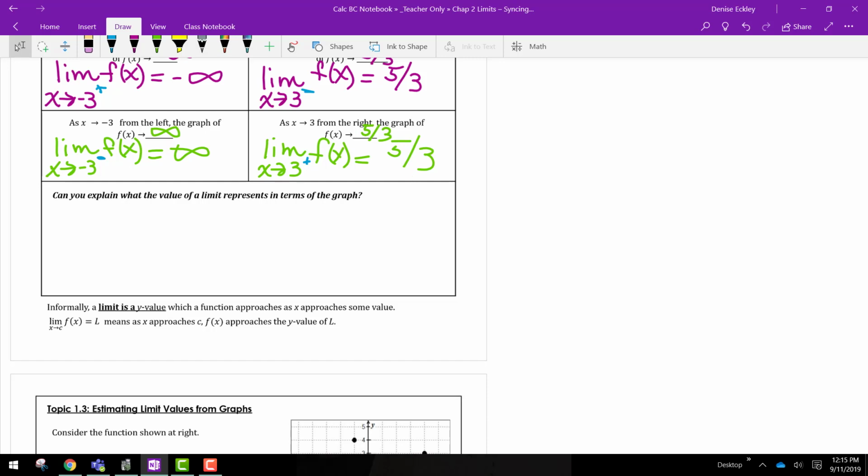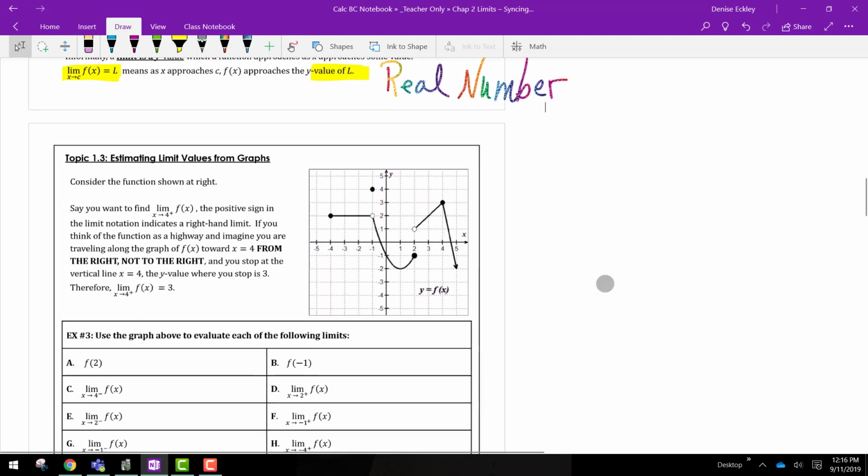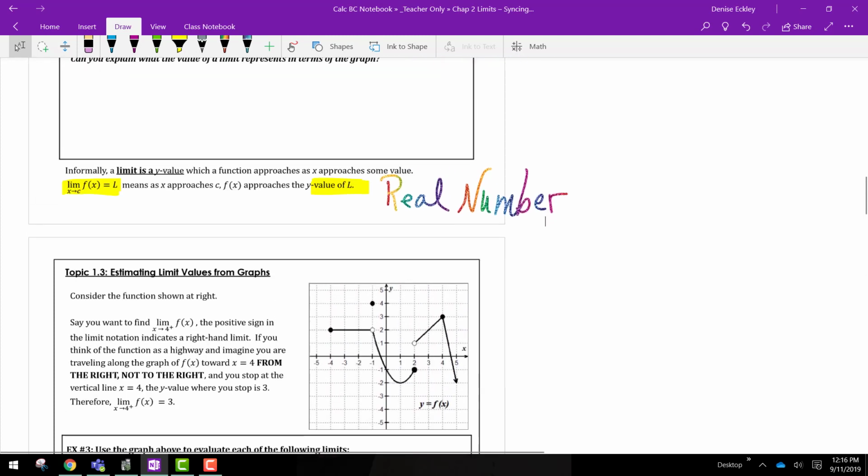And we use this notation, the limit as x approaches c of f of x is L. We want to make sure that we understand that L is a real number. That's important. For the limit to exist, it has to be a real number. Okay, so let's estimate some limits from the graph.